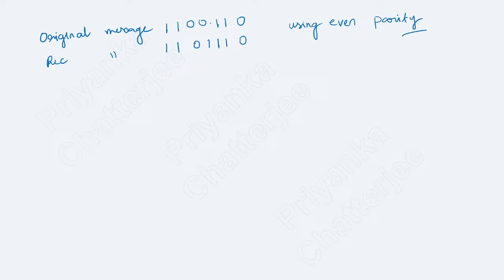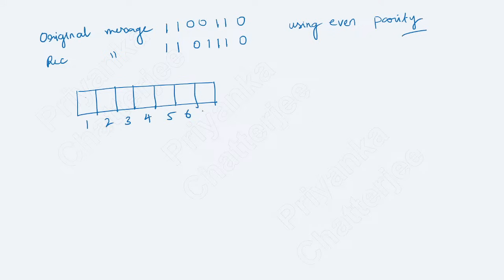Now where is the problem? You have to find out in which bit, in which position, the problem is. So how can you find it? To find the problem, you have to place the bits first: 1, 2, 3, 4, 5, 6, 7.